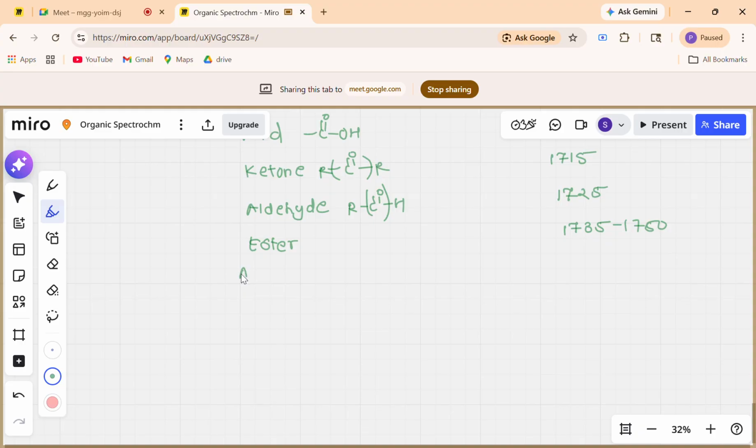Now moving towards the ester, it gives a value around 1735 to 1750 centimeter inverse. And when we talk about anhydrides, the value will be around 1760 to 1780 centimeter inverse.